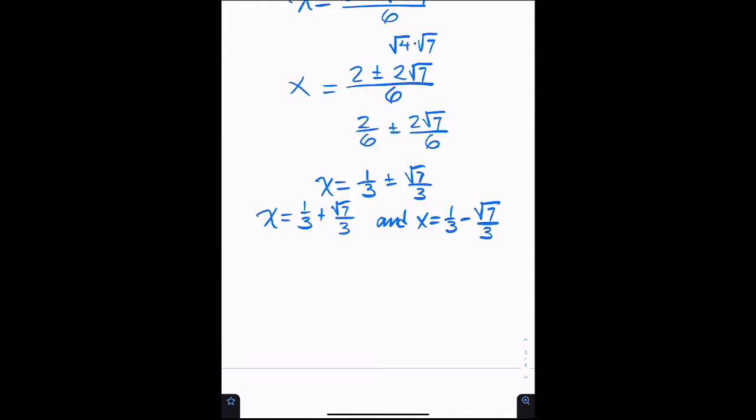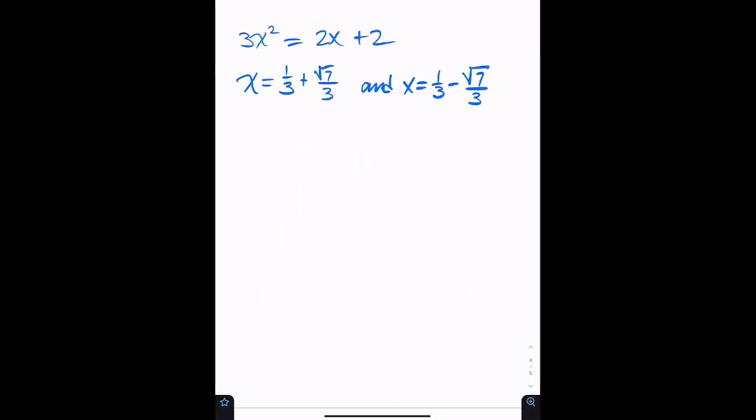And we have used the quadratic formula and sung the song, and we know the answer to that quadratic equation. We said that x is equal to 1/3 plus root 7 over 3, and x is equal to 1/3 minus root 7 over 3, and that each of those are a solution to what we started with. 3x squared is equal to 2x plus 2.